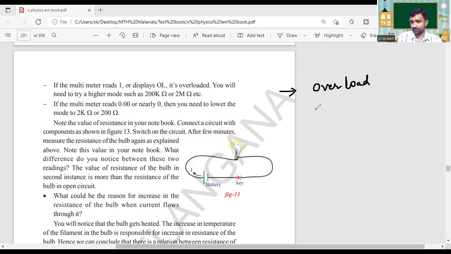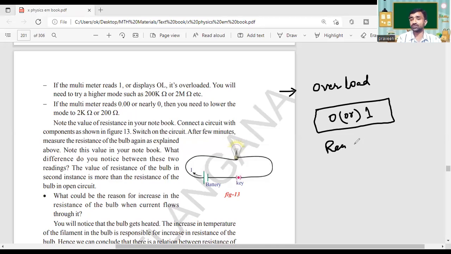So here, if the display is always giving you 0 or 1 as its reading, if you are finding the value without any change, 0 or 1, this is called overload, or not in the range you selected, right? The limit is not enough. So what to do? Just you need to change the value, right?